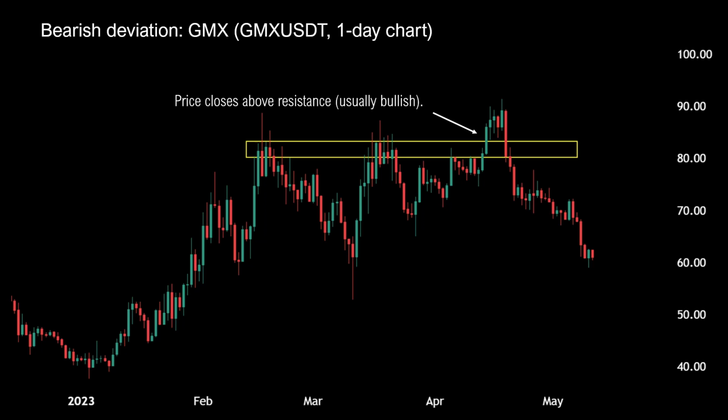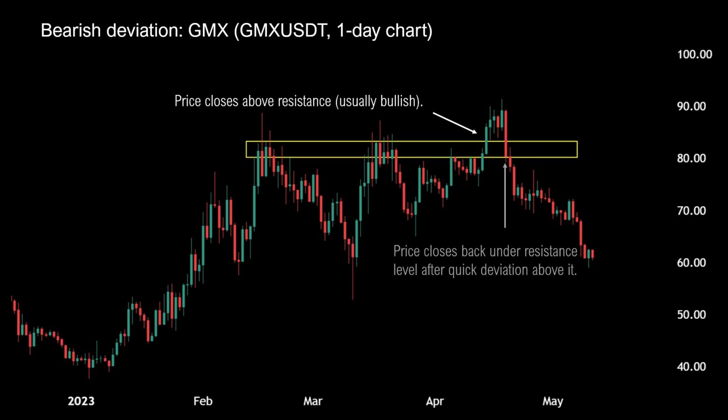But then, instead of flipping resistance into new support, the price closed back below the resistance after a quick deviation above it. Now, all those buyers would have set their stop losses just below support, so when it broke, they had to sell GMX at a loss to get out of their trades. In other words, this was a bull trap because it trapped the bulls.